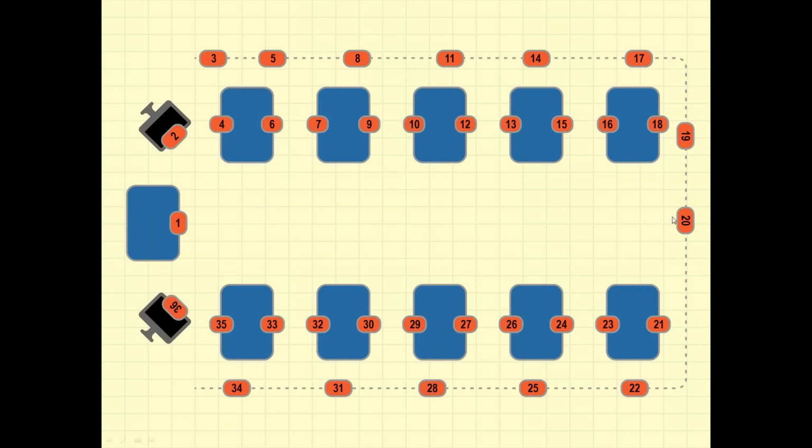The numbers along the sides here would represent stations that utilize those countertop spaces, as well as over here, 19 and 20 would also utilize a countertop space. On the bottom of this slide here, from 22 to 34, these would be computer stations that would have isolated images on them as well.